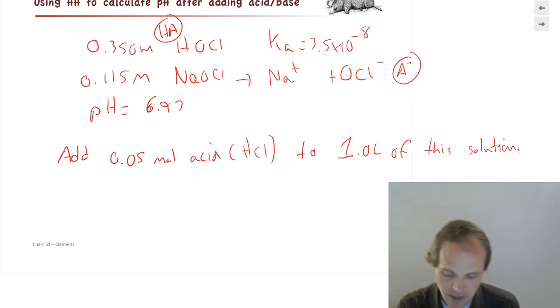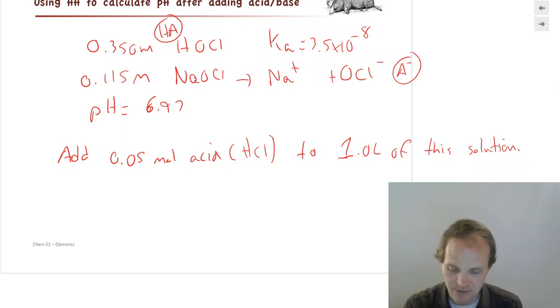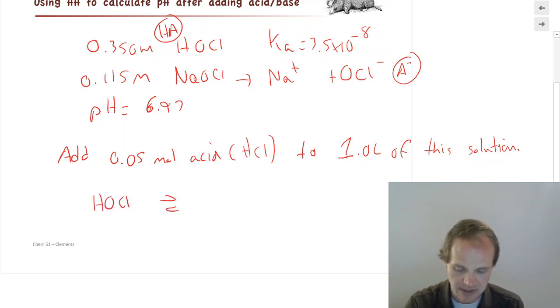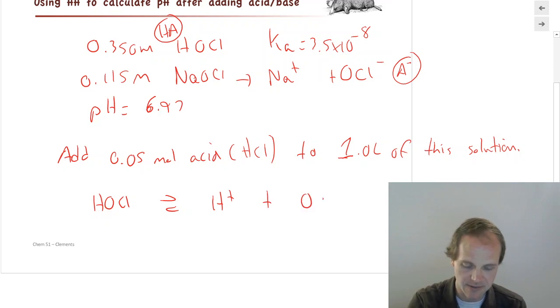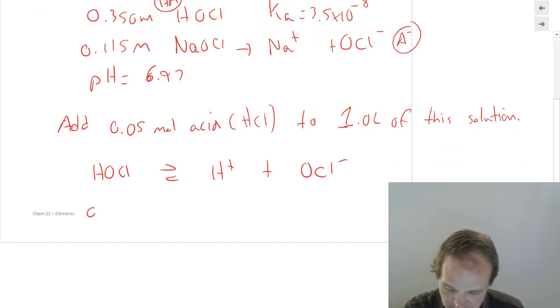So even though we're not going to do our full BRICE table, I still encourage us to do our BRI table to figure things out. We've got HOCl, we're making H plus and OCl minus, and we start off with 0.350 moles.